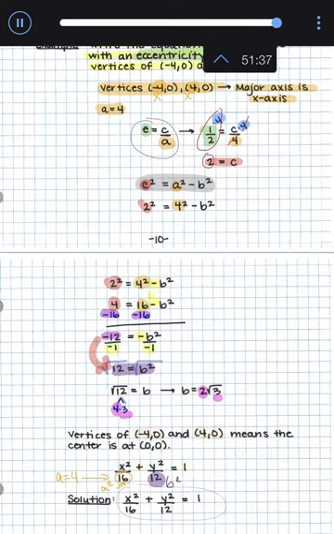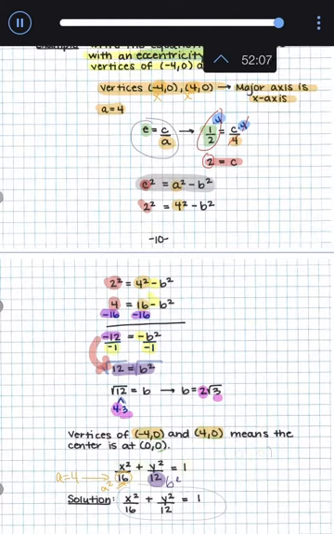Now, notice the question is, will anything go inside of the x squared and the y squared? Well, if the vertices were at negative 4, 0, and 4, 0, that means the y value for the center should also be 0, because when your vertices move and they're on the x-axis, the other axis, the y value, should stay the same.